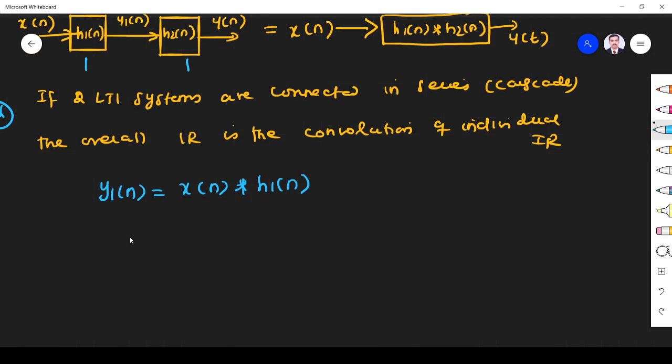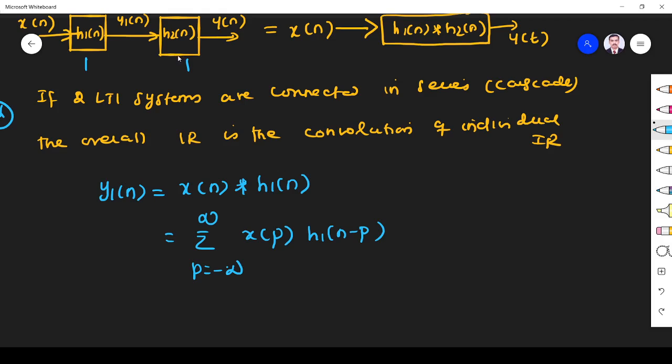I write this as an expression: the sum over p from minus infinity to plus infinity of x[p] h1[n minus p]. Instead of writing k from minus infinity to plus infinity, x[k] h[n minus k], I use p because I am going to apply this output to the second system.